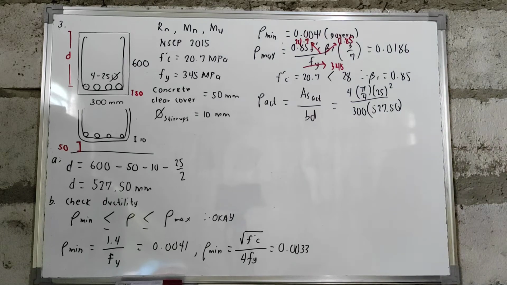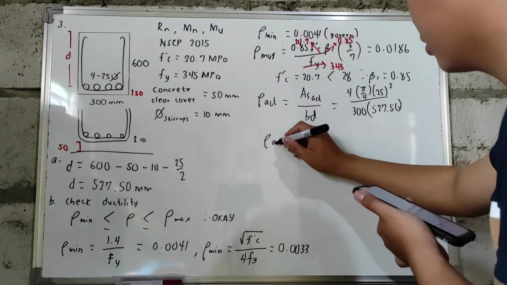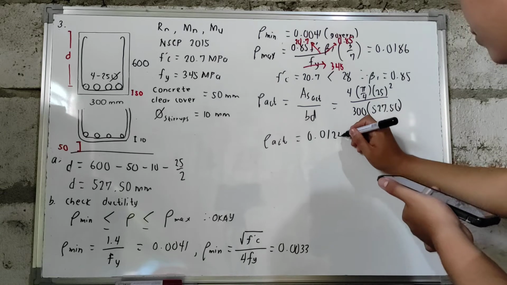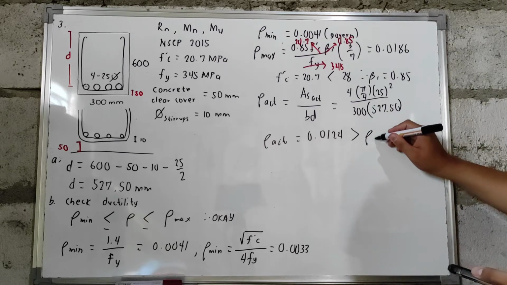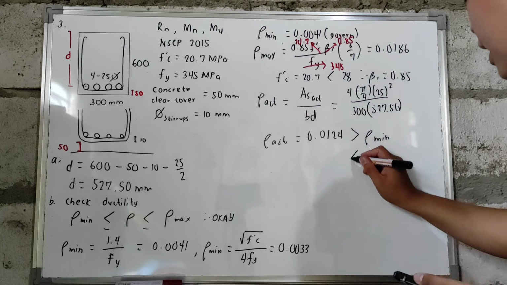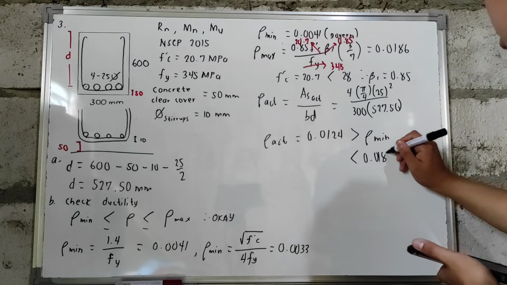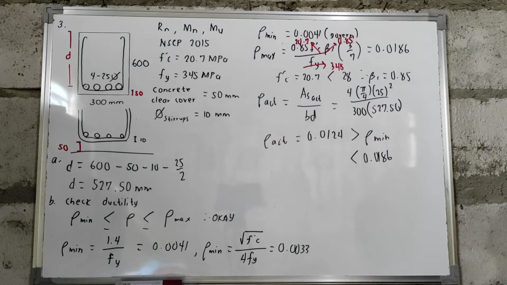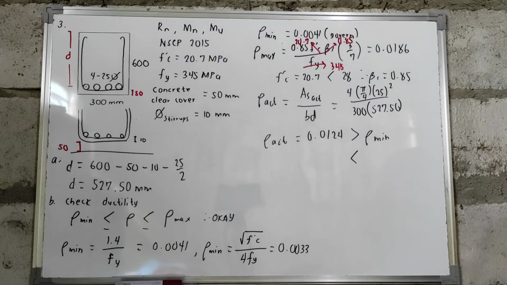So, the value of your rho actual is now equal to 0.0124. Wherein yung rho actual natin, that is greater than the value ng rho minimum natin, but less than the value of your rho max natin. So, meaning to say, nasa singly reinforced beam tayo, and at the same time, magiging okay yung ductility check natin.